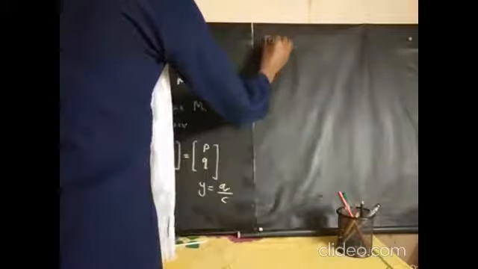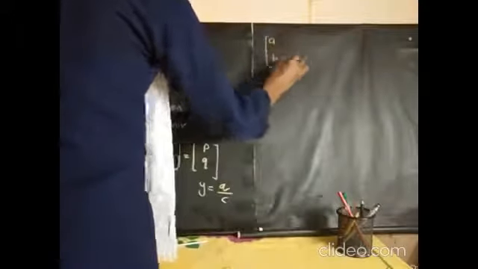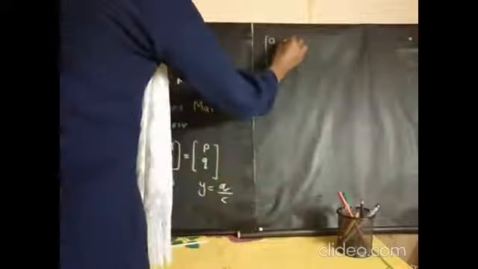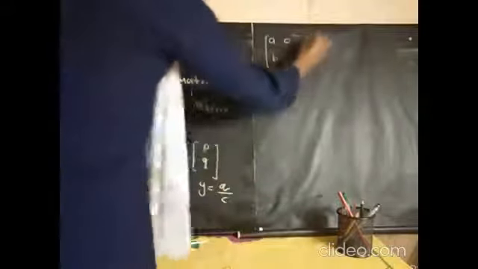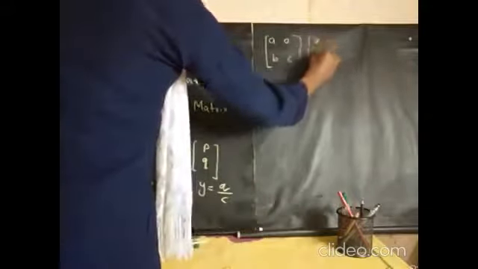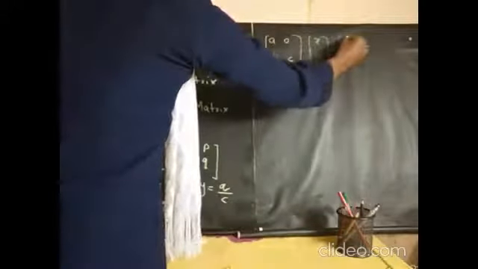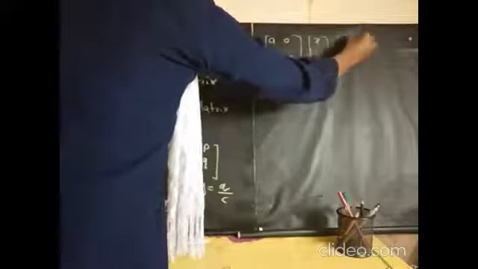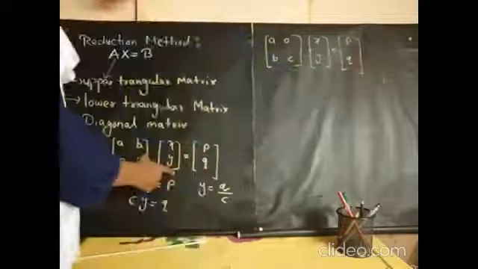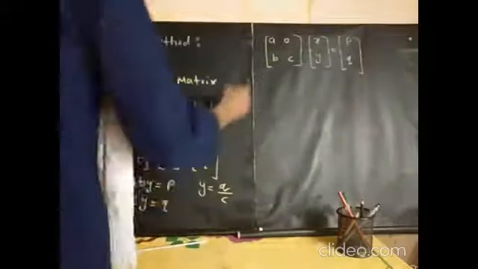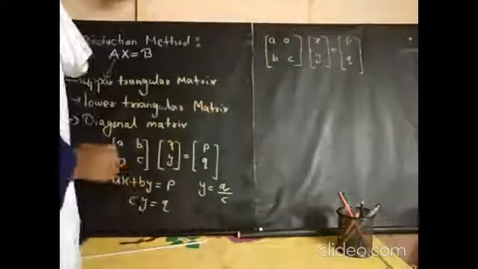In lower triangular, suppose it is A, B, C, and here we will get 0. And this one is the X, Y matrix, and this one, suppose I am writing P, Q only. It is not related to the previous one, okay? This is a separate example. We have converted it into a lower triangular matrix.